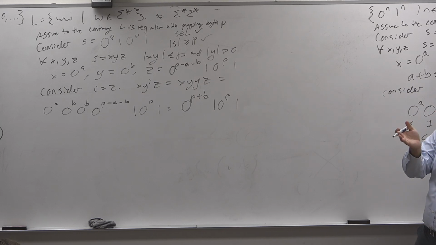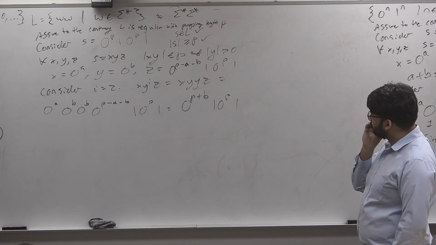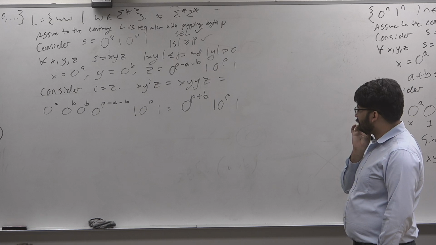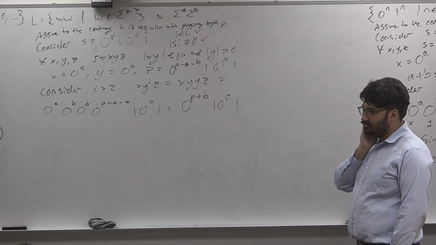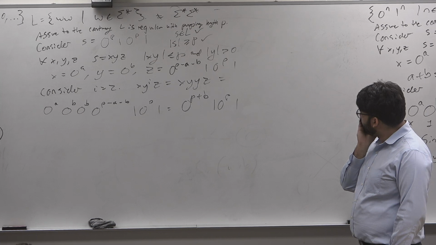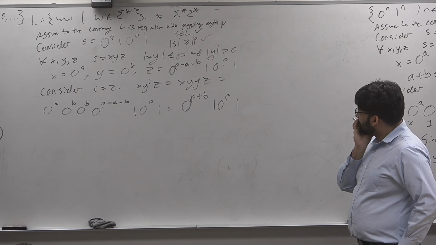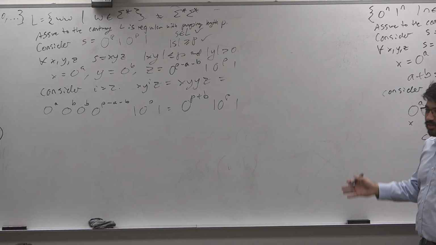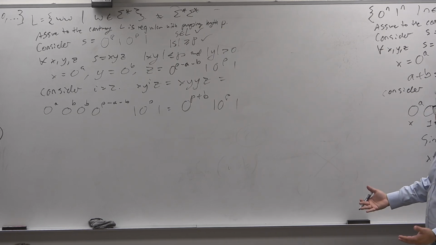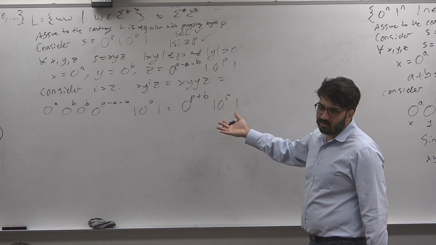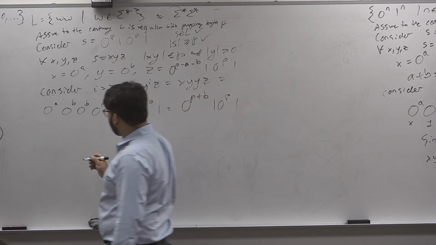Since b is greater than 0, p plus b is greater than p, which means that it's not an even number. You have the intuition, and it's obviously not of the form WW, but we need to certify it a little bit. We could just say we're done there, honestly, but let's make sure we are.